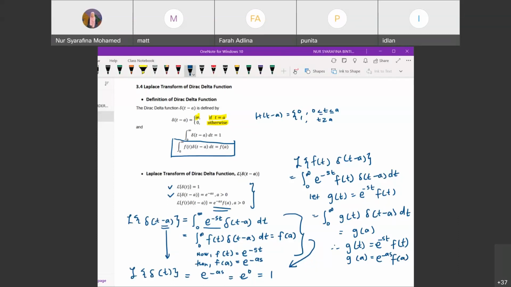So the definition of the Dirac delta function here is important for us to prove the transformation process of this Dirac delta function. Is that clear? Any question? Clear or not?